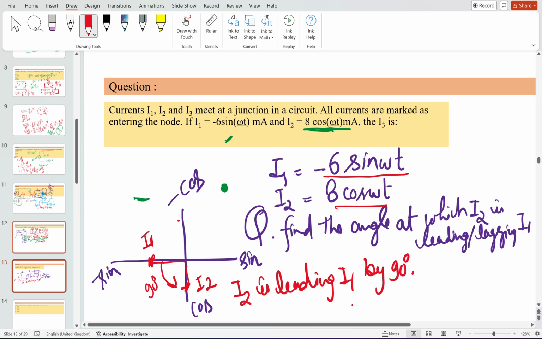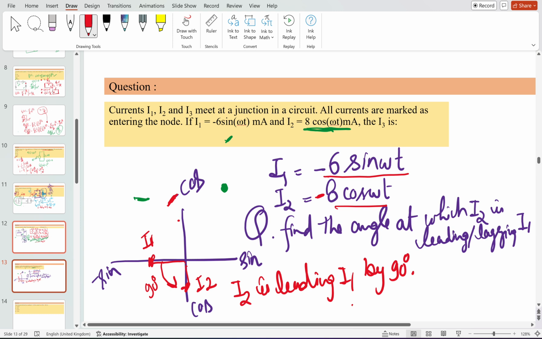Getting my point? Cos should come up, minus cos should come down. Suppose it is minus cos here, minus 8 cos omega t. Then it will go in the opposite direction in the graph, the minus cos is in the opposite direction of the cos.